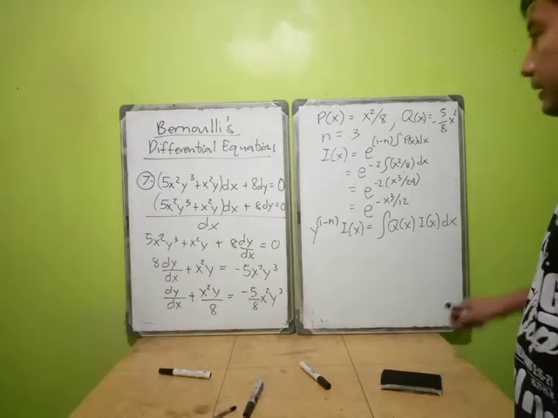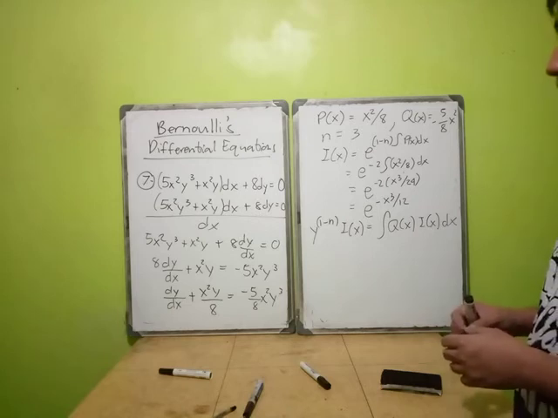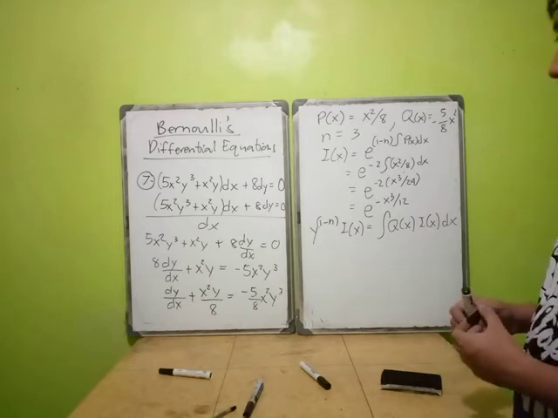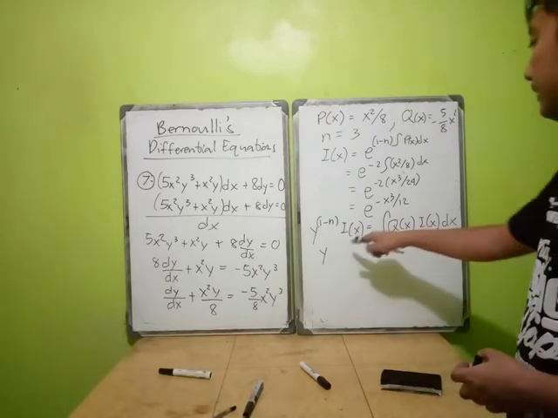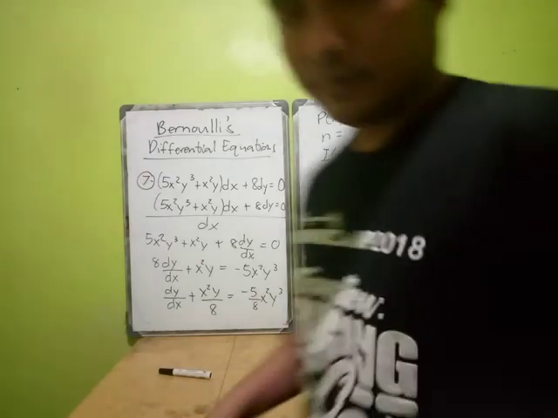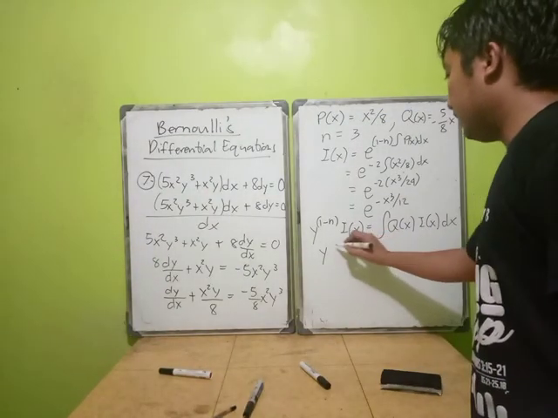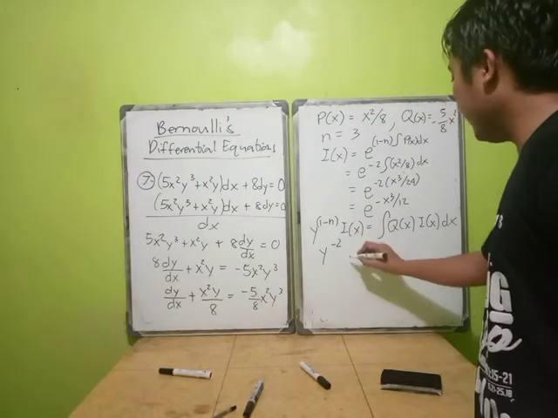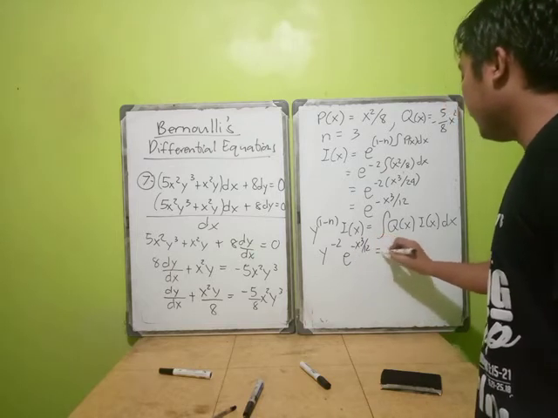So, if that is the case, so paano? So, yung y to the power of 1 minus n natin is negative 2. I of x is e to the negative x cubed over 12 is equal to qx.